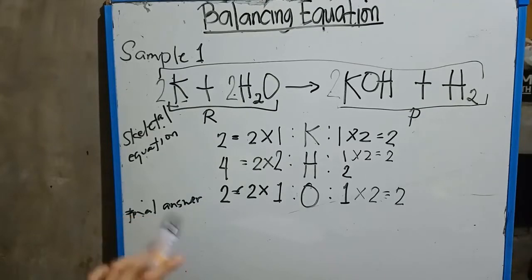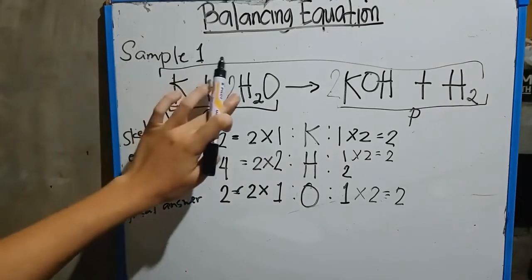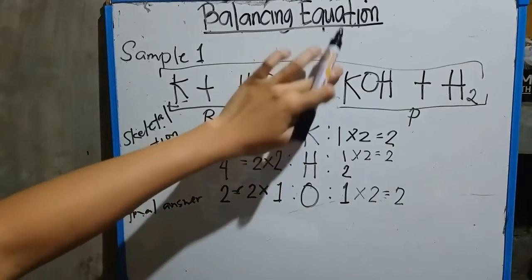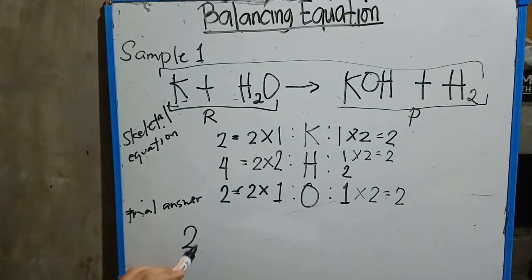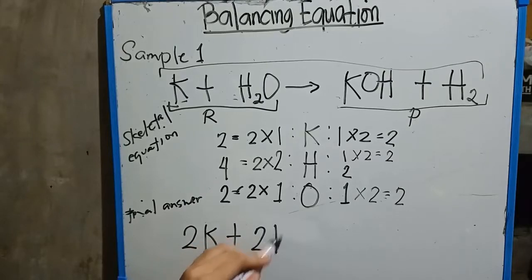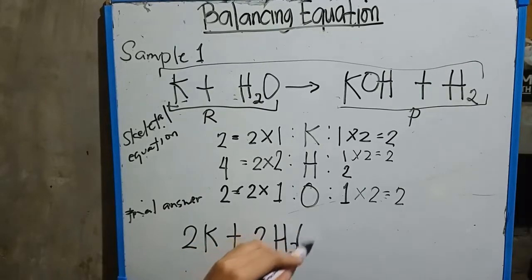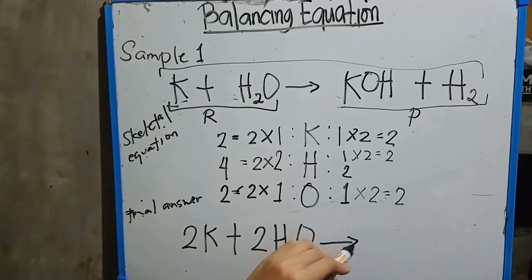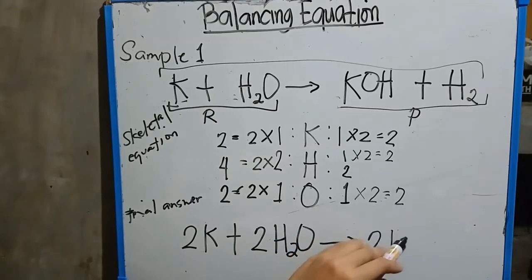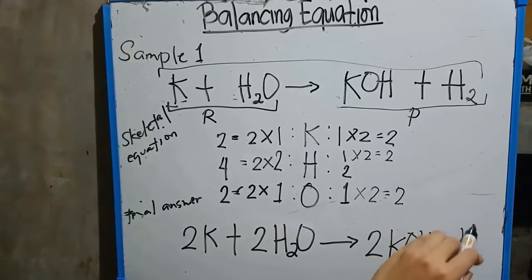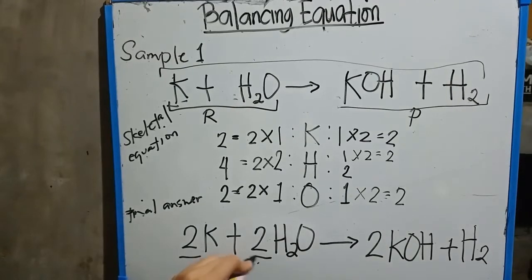So for our final answer: 2 potassium plus 2 water yields 2 potassium hydroxide plus hydrogen. That is our final answer.